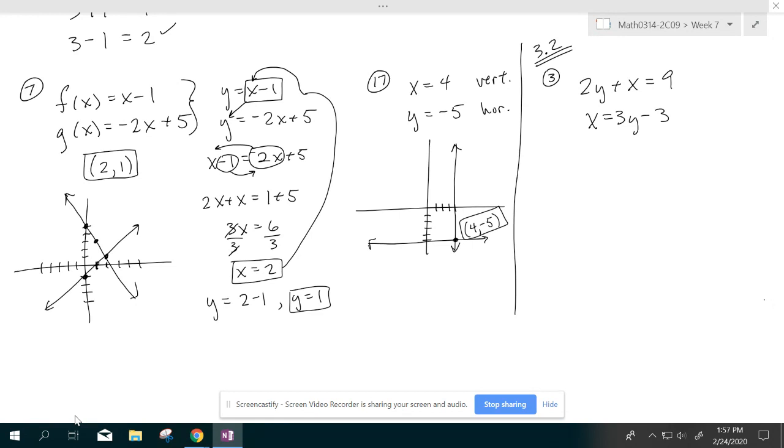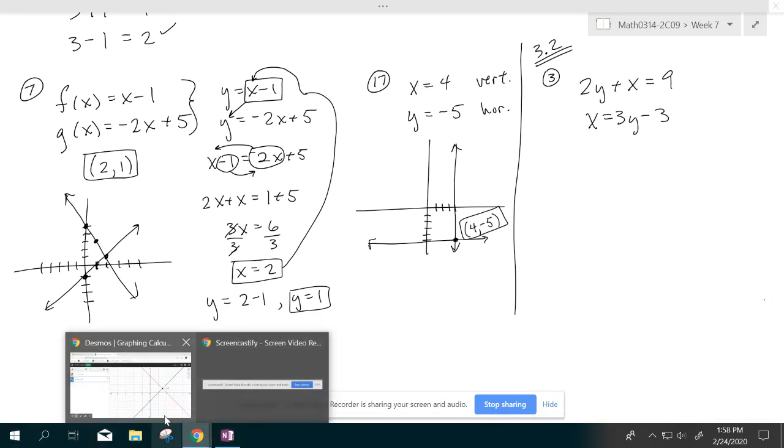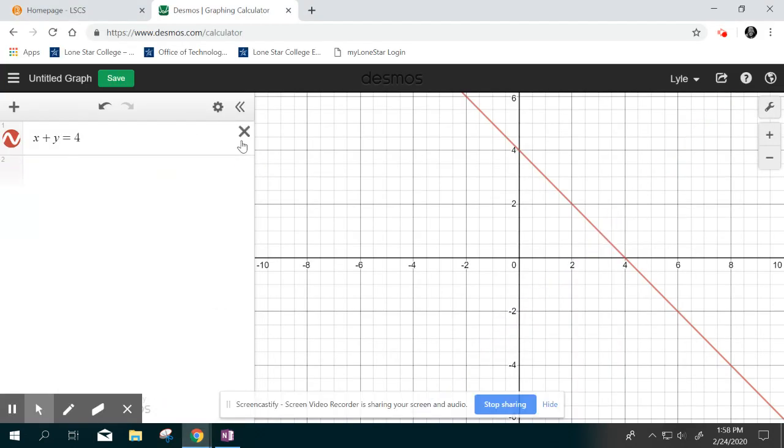And the instructions say, solve the system by the substitution method. They specify solve by substitution. And the first thing I'm going to say is, to heck with that. I'm going to go to Desmos because I love Desmos.